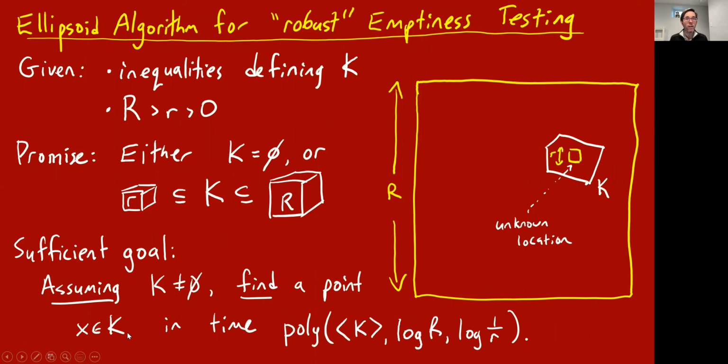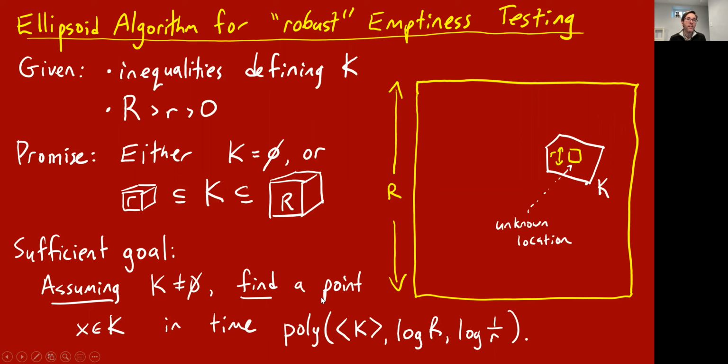And what's the reason for this? Well, suppose you had an algorithm that, under the assumption that K really existed, could always find a point x in K in the appropriate amount of time. You could also use that to solve the decision problem of deciding if K is empty or non-empty, because you could just run this algorithm that tries to find a point in K. If K is non-empty, the algorithm will succeed by your assumption. If K is empty, the goal doesn't say what happens if you run the algorithm.